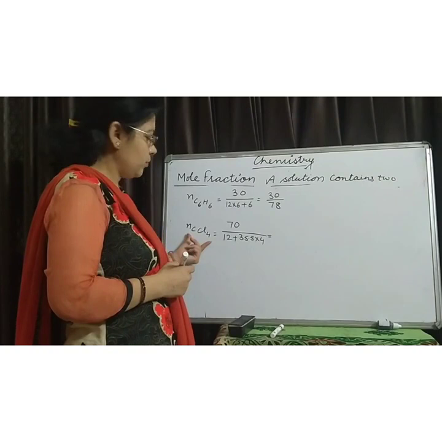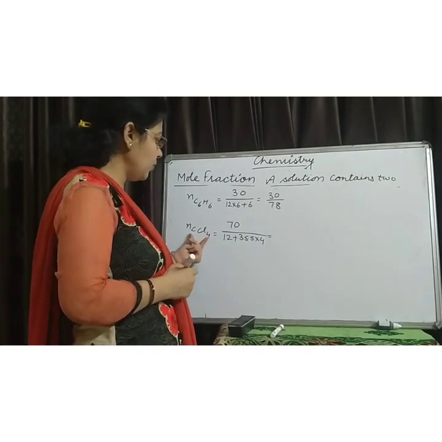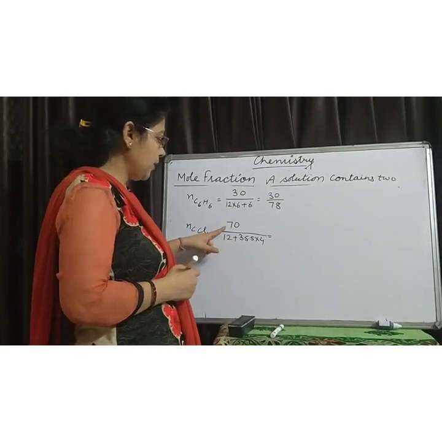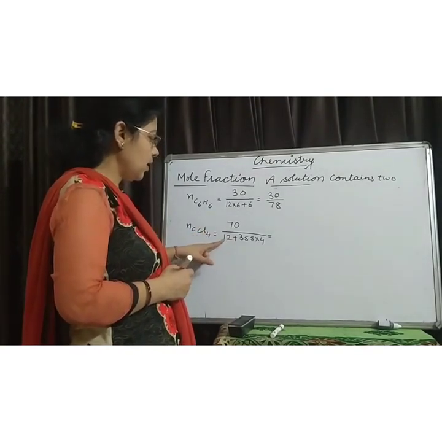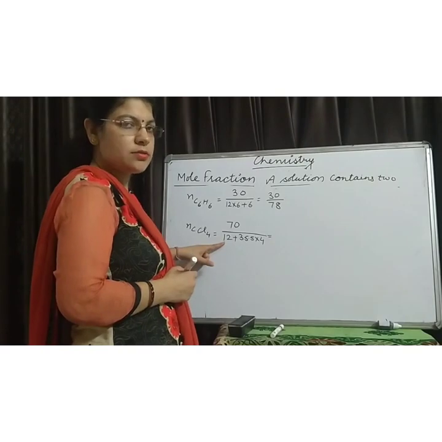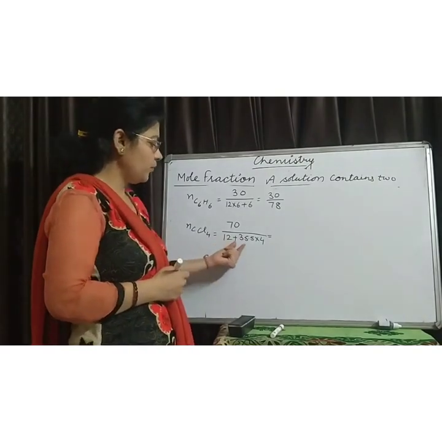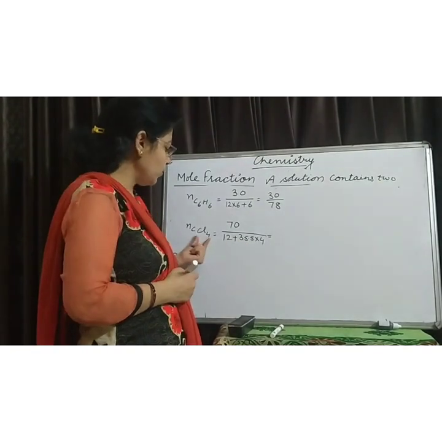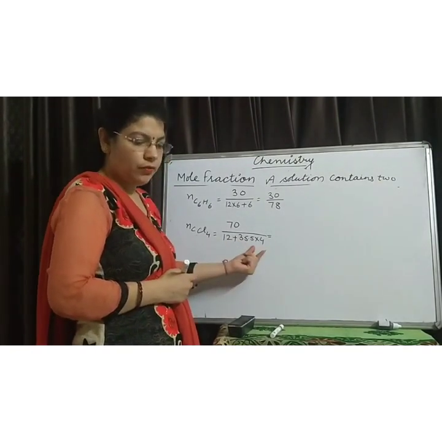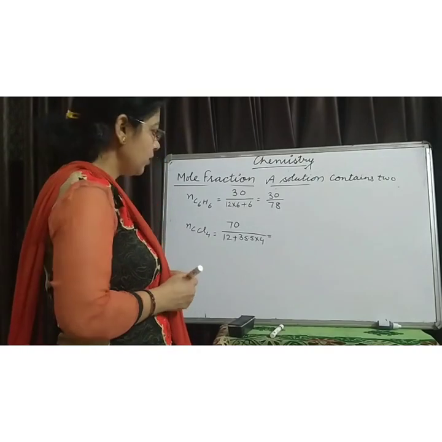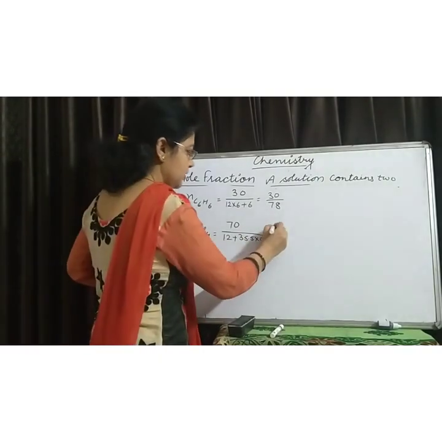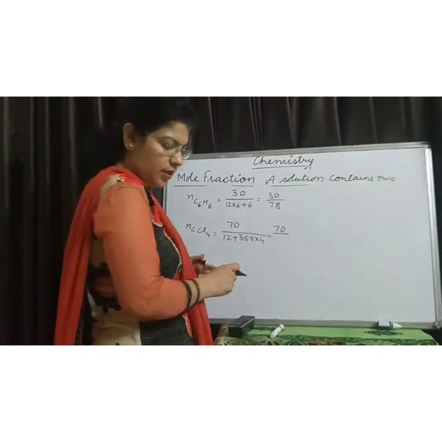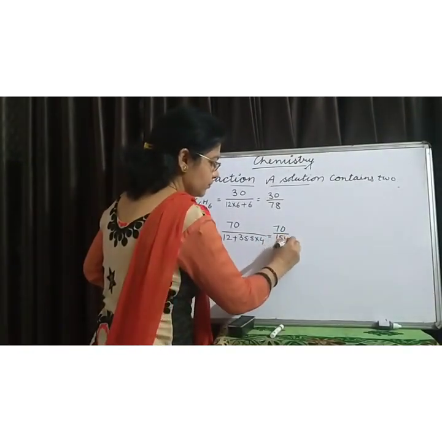So the number of moles of carbon tetrachloride is 70, its mass, divided by its molecular mass, that is 154.